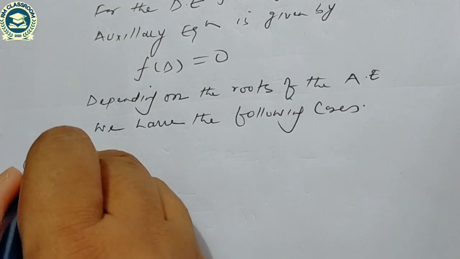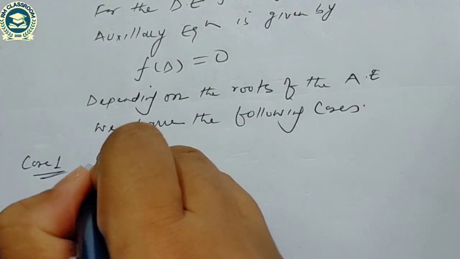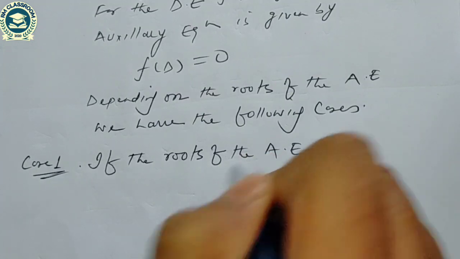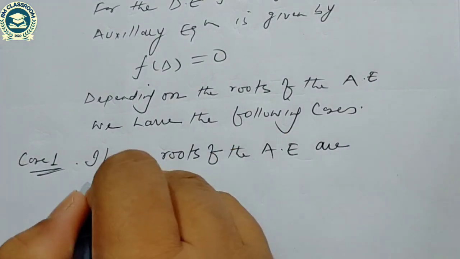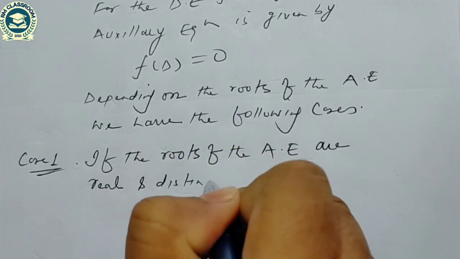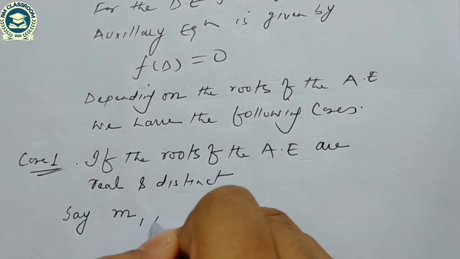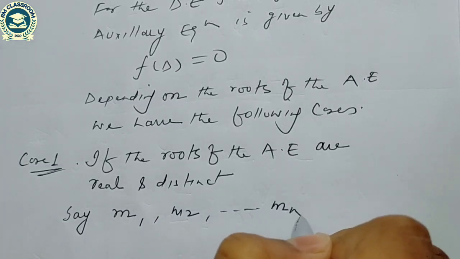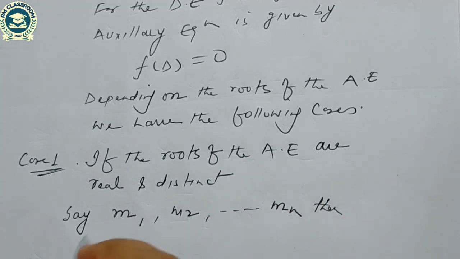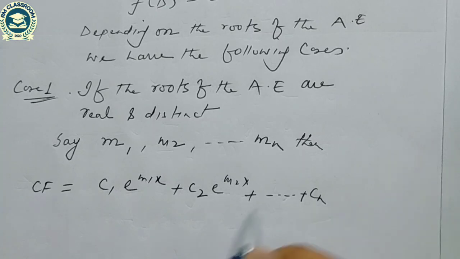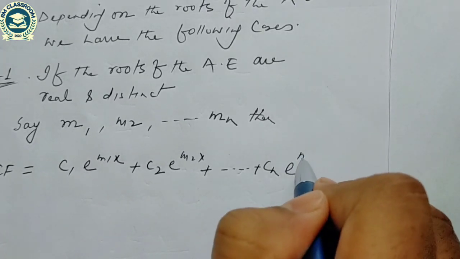Case first. If the roots of the auxiliary equation are real and distinct, say m1, m2, and so on up to mn, then the complementary function is equal to c1 e to the power m1x plus c2 e to the power m2x plus so on and so forth plus cn e to the power mnx.